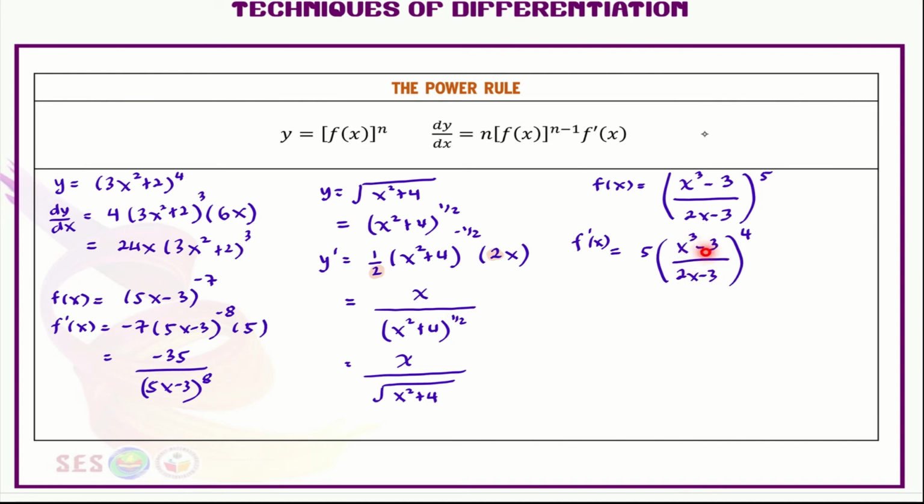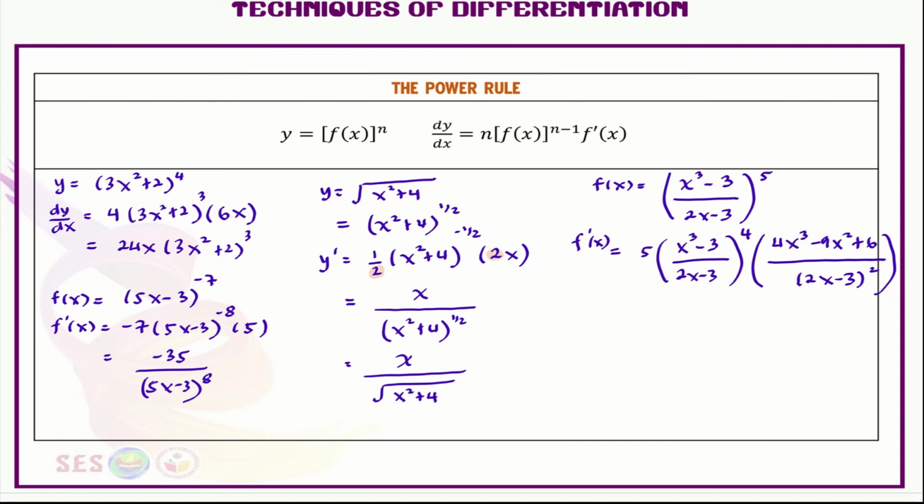We should differentiate this by using the quotient rule, but since we just used the previous example, I take the derivative of it straight away, which is 4x cubed minus 9x squared plus 6 over (2x minus 3) squared here.